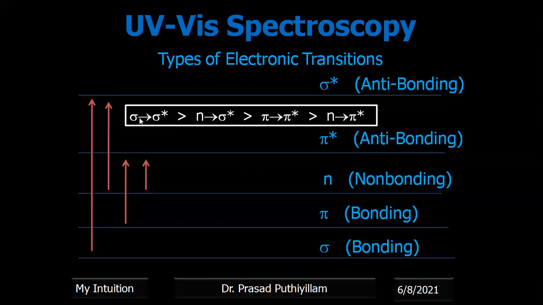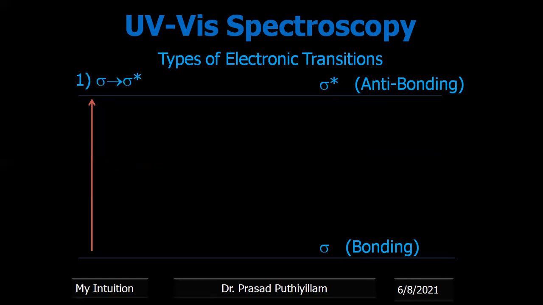Therefore, sigma to sigma star requires the highest energy, then n to sigma star, then pi to pi star, and very little energy is required for the conversion of a lone pair of non-bonding electrons to the pi star shape. That is the jump from n to pi star.